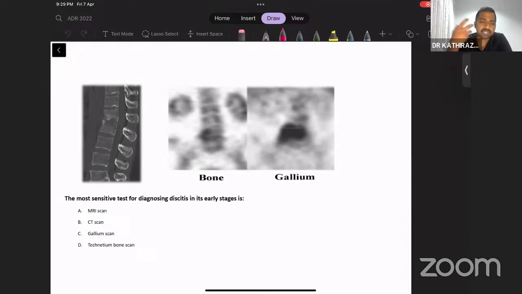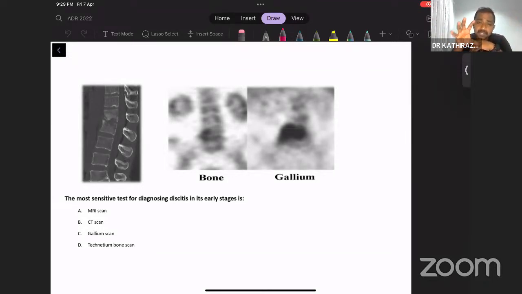If I ask the question, which is the most sensitive test for osteomyelitis, the gold standard being culture, which is the most sensitive radiological investigation of choice for osteomyelitis, then the answer is MRI. But everyone has tested that topic.